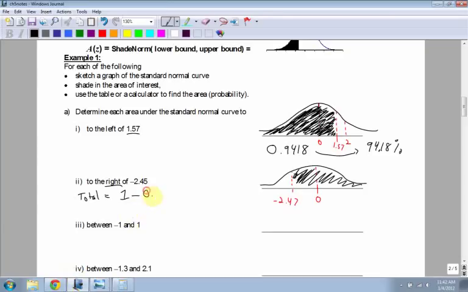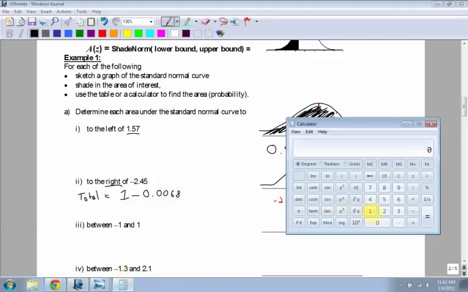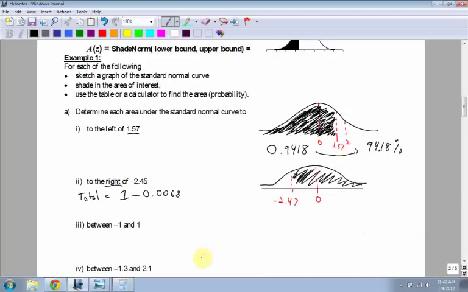So 1 minus 0.0068 is equal to 0.9932. So that means the area here is 0.9932, or 99.32%.